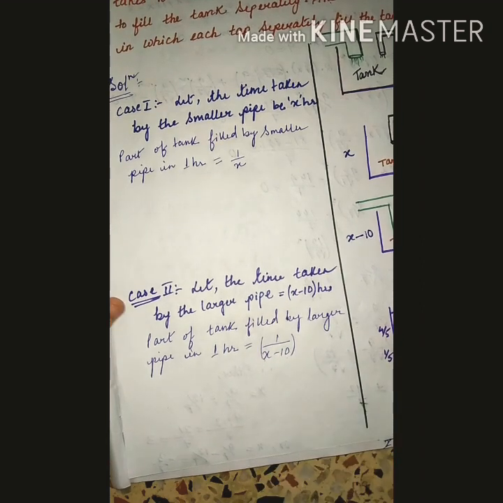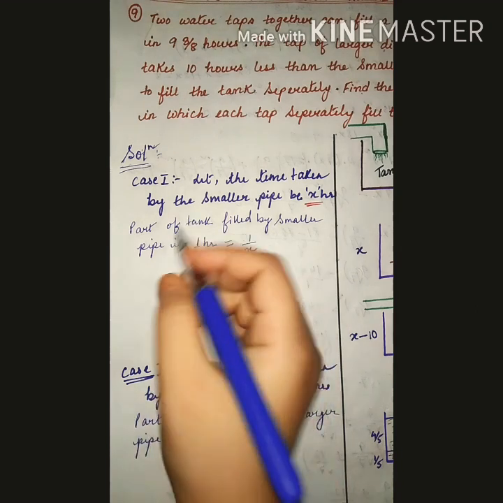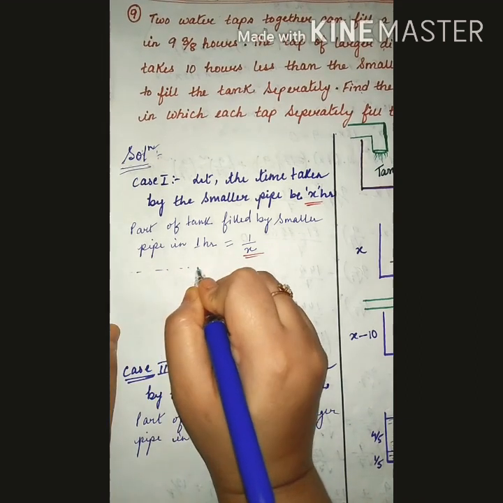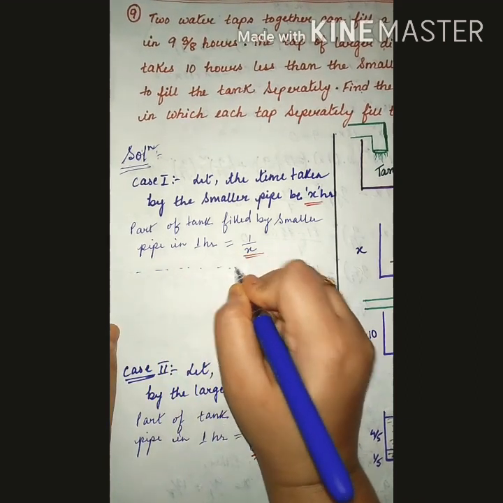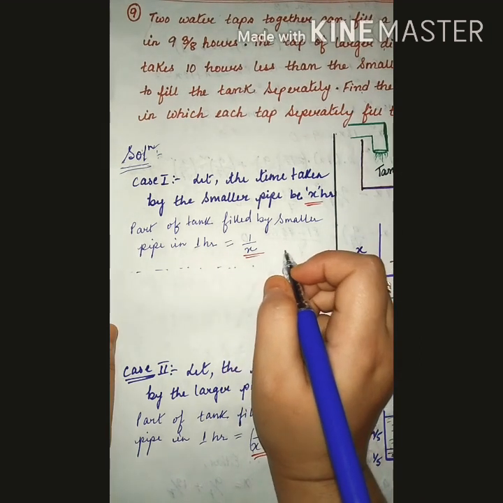Okay. Then in the question it is given that the tank can be filled in 9 3/8, which is 75/8 hours, by both the pipes together. So you write down that line, that it is given that the tank can be filled in 75/8 hours by both the pipes together.